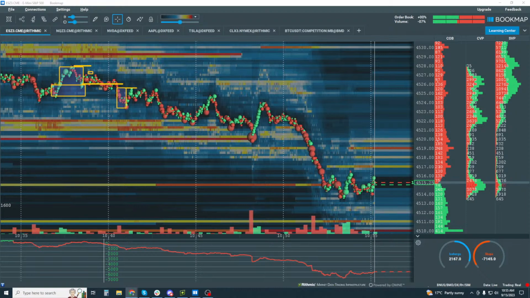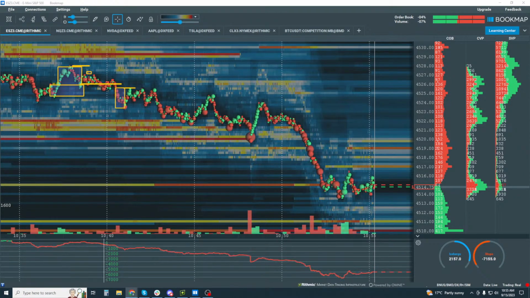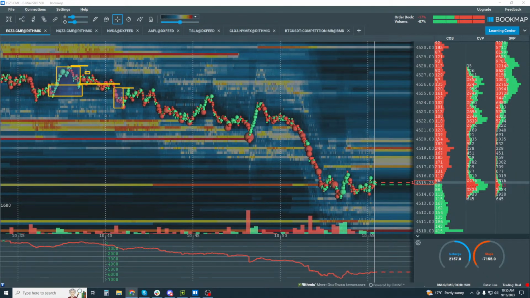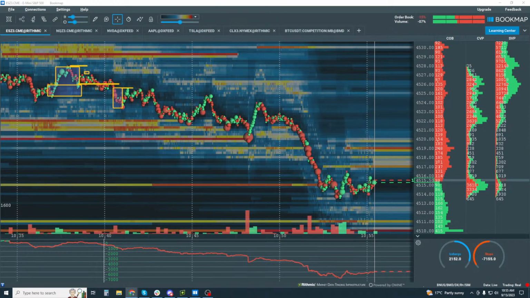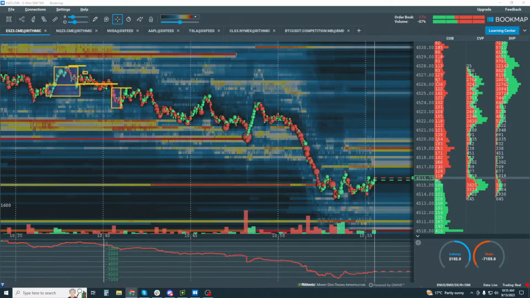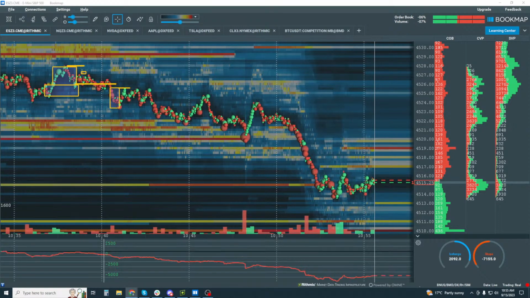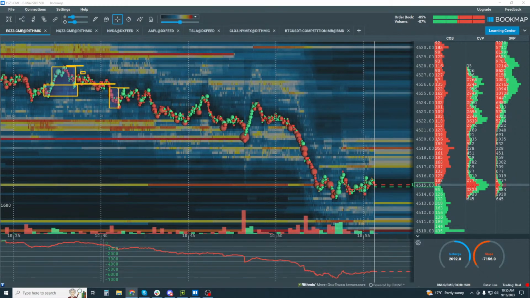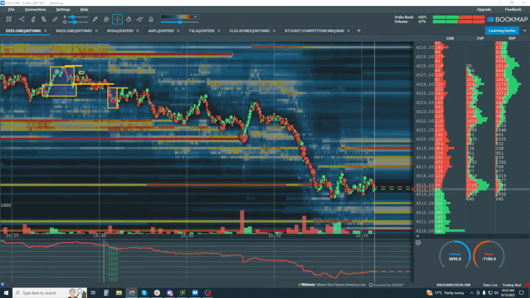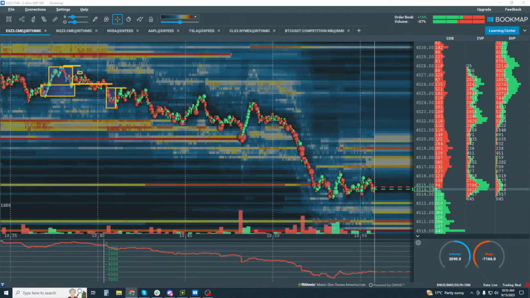You need to download and install the latest Bookmap version. Okay, here it is. Never mind, I got it.